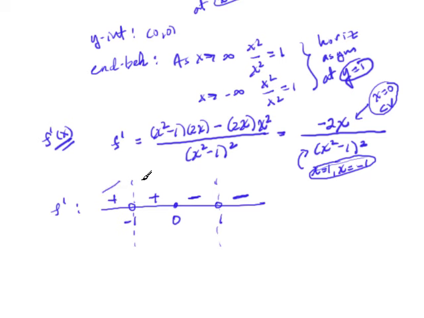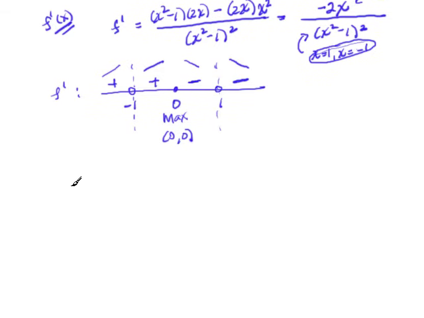So here we have increasing, increasing, okay, and decreasing, decreasing. And here we have a max. So we have a max at 0, 0. All right, that's our f prime of x information.